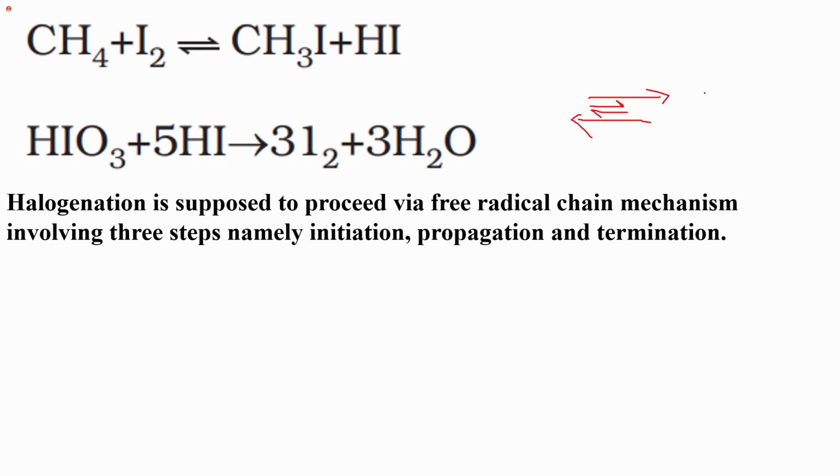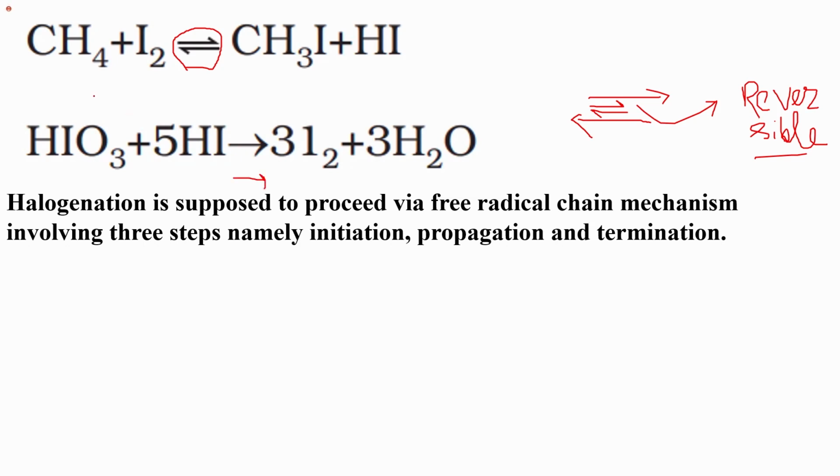So this signature indicates your reaction is reversible. In your textbook they say this iodination reaction is reversible, so they have given this kind of arrow. Where it is irreversible, only a single arrow is used.